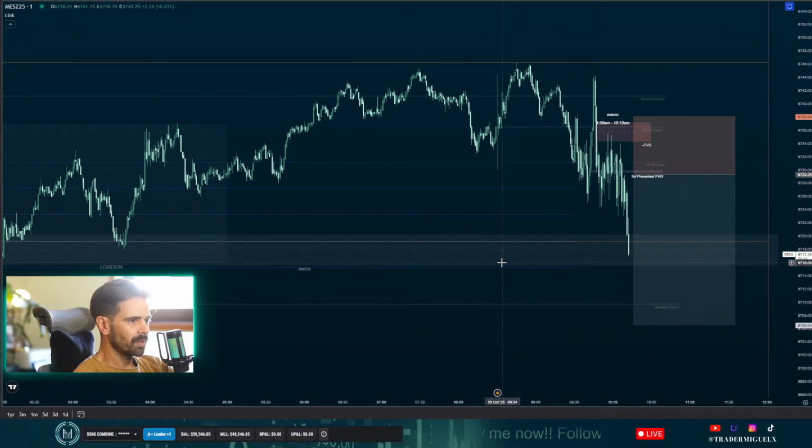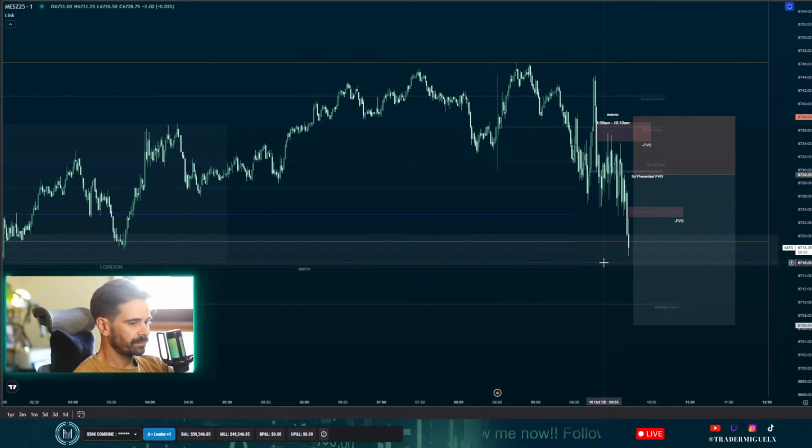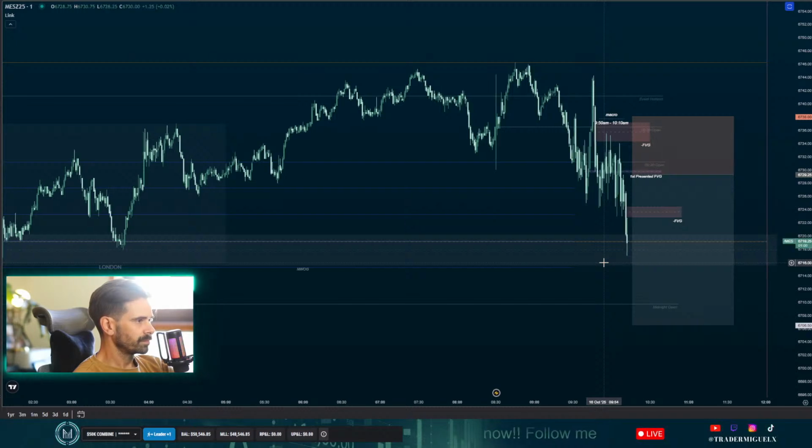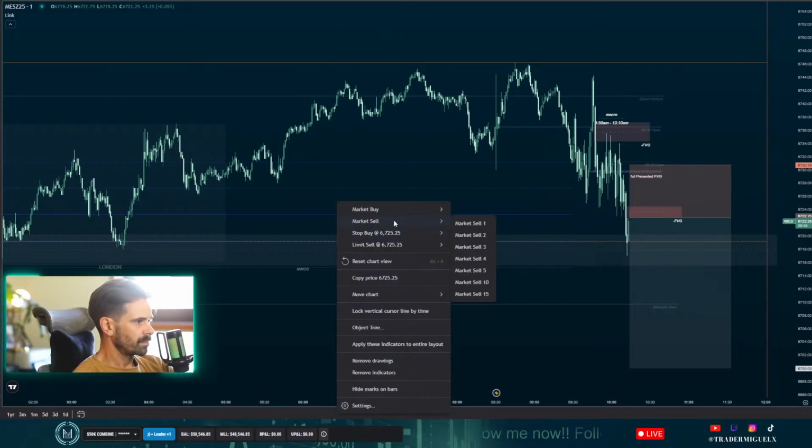So at this point, we are close to London lows. Bearish fair value gap here. This could be an entry here as well. Let me just see how price will react here.